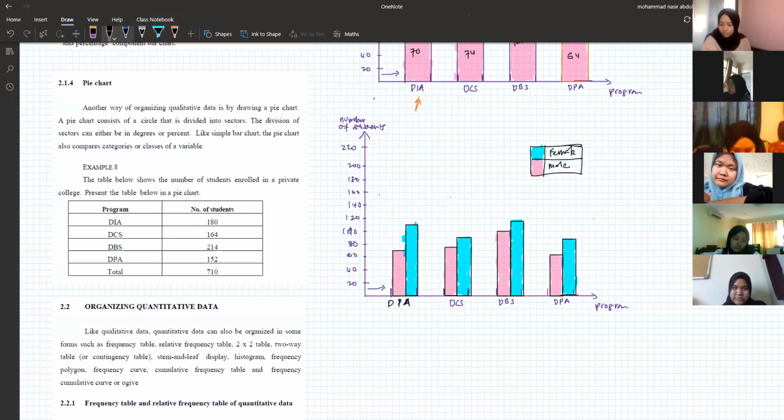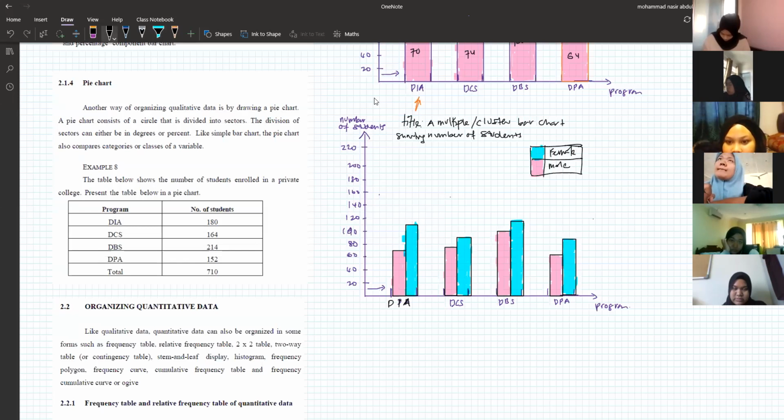And don't forget the title: a multiple or cluster bar chart showing a number of students according to gender. Right.